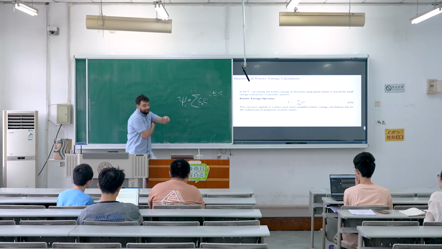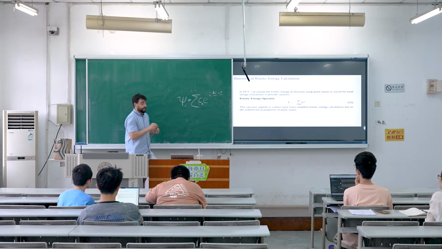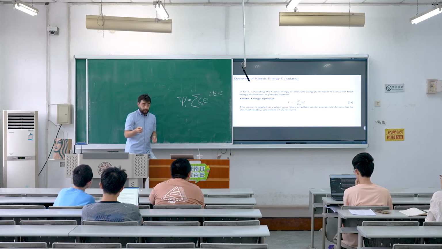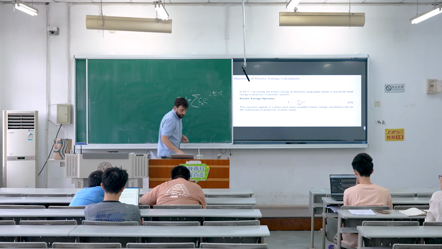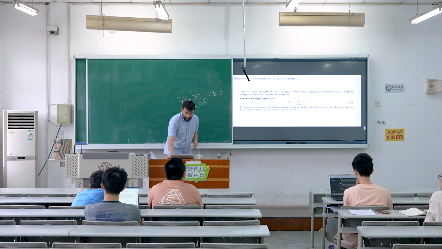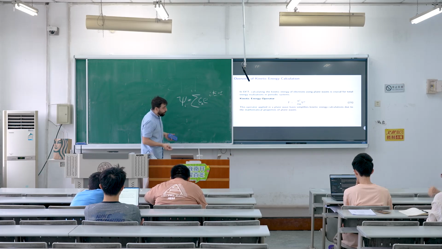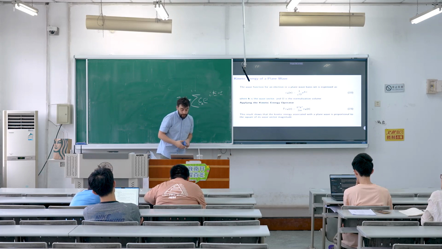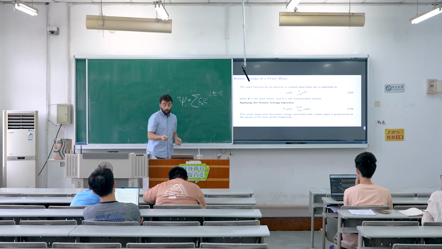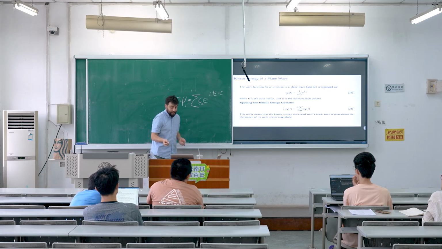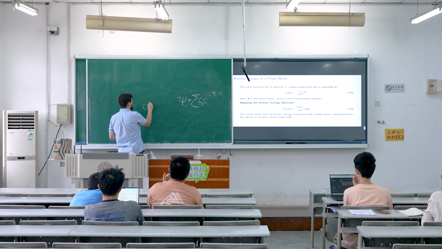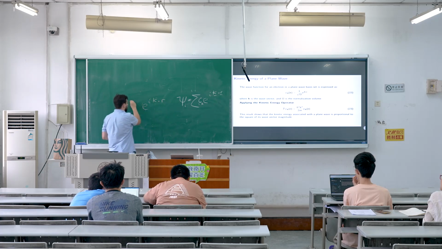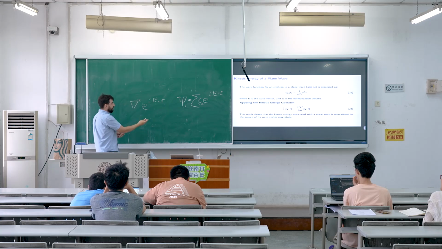Right. So what we want to be able to do is to represent all of those terms in the DFT functional in terms of our basis set, in terms of plane waves. So if we take a look at our kinetic energy operator, and we apply it to our plane wave basis set, effectively all we're doing is taking the second derivative of our plane waves. And so, of course, this is very easy.